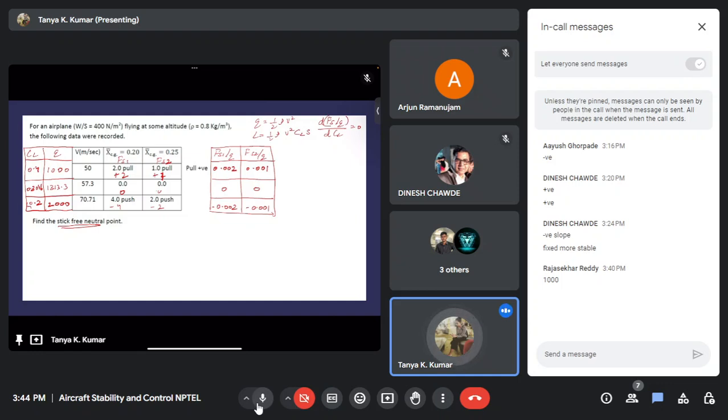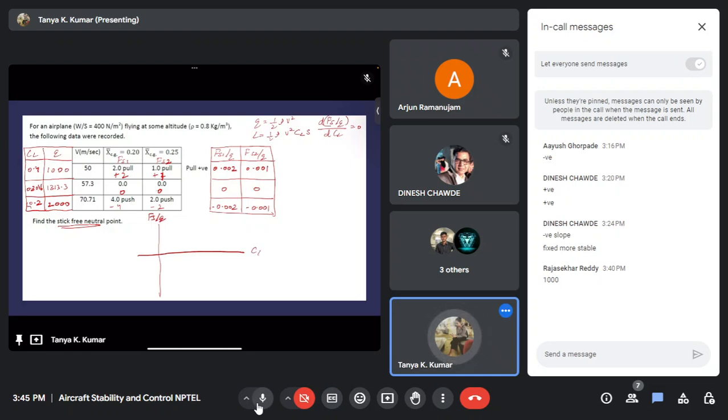Now that we have Fs1 by q and Fs2 by q, let's try plotting it. I'm just going to make a rough plot, but you can make a better plot. I'll also show you how you can do this on MATLAB or any other programming language. So let this be Fs by q and let this be CL.